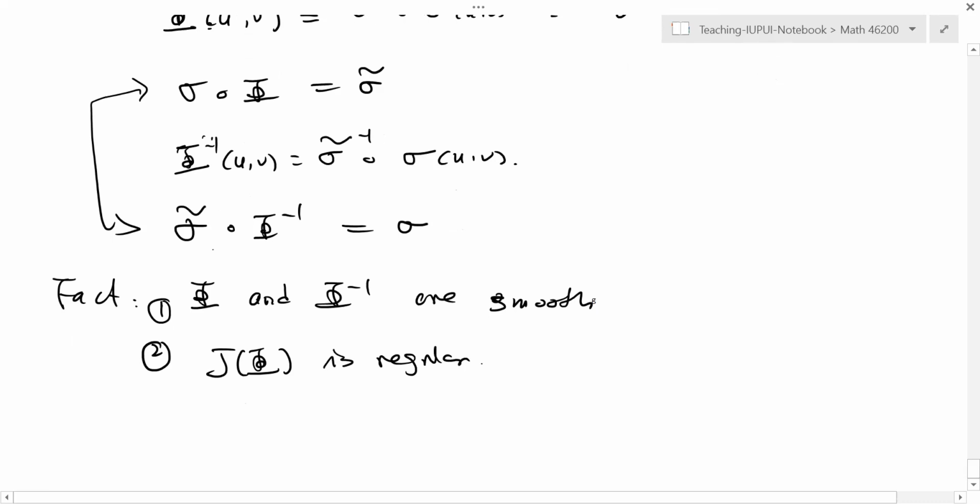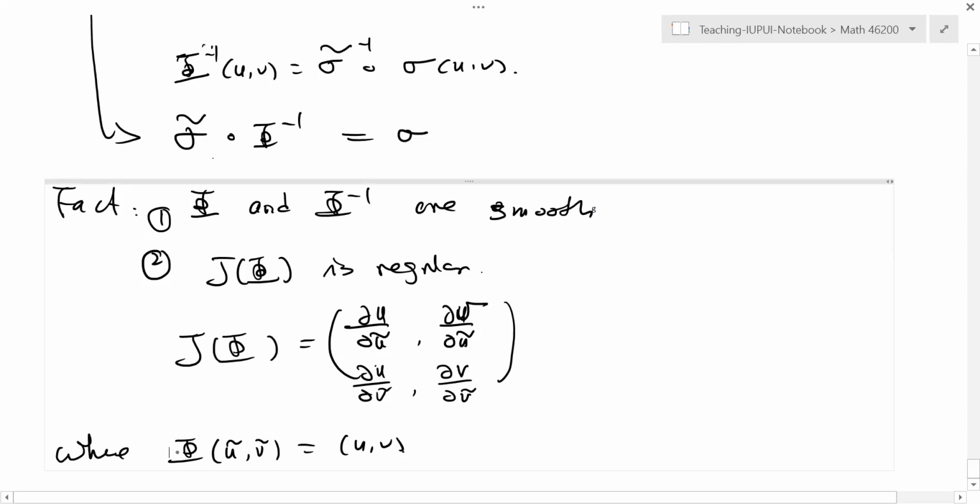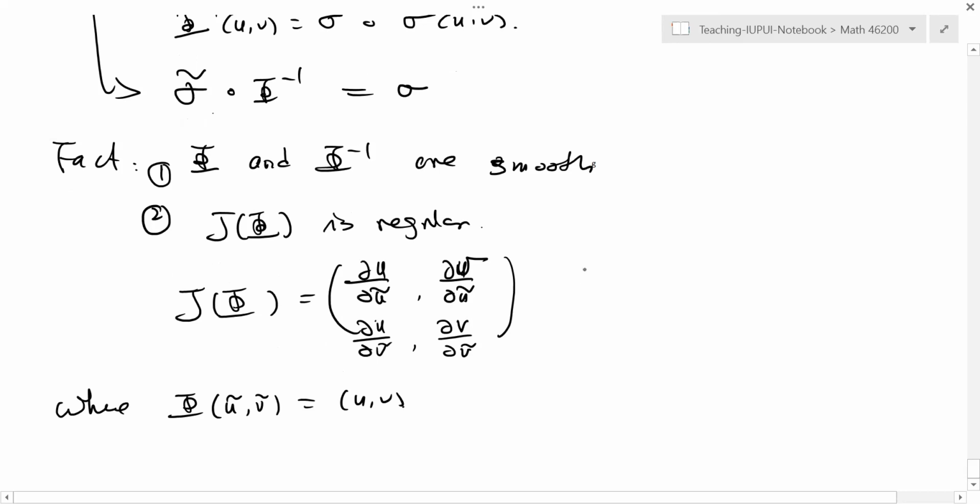This Jacobian is defined by this. We denote it like this, where U and V are functions of U2 and V2. And the determinant is not going to be zero.